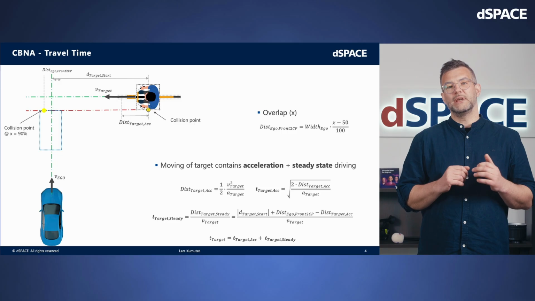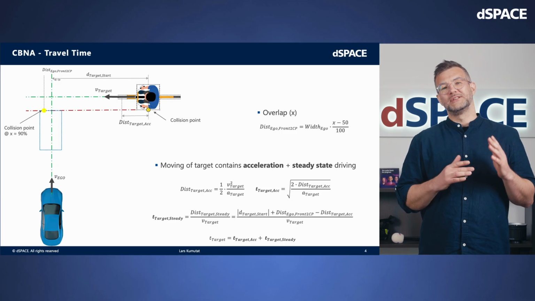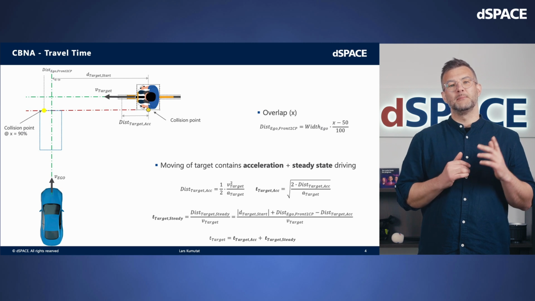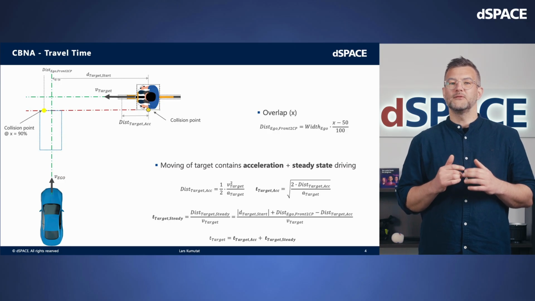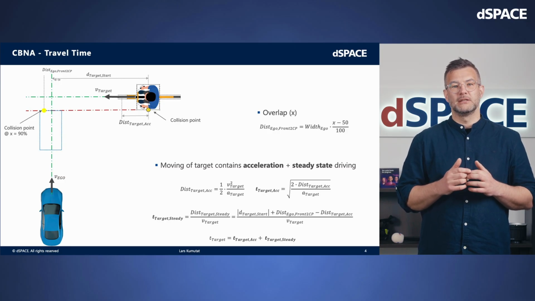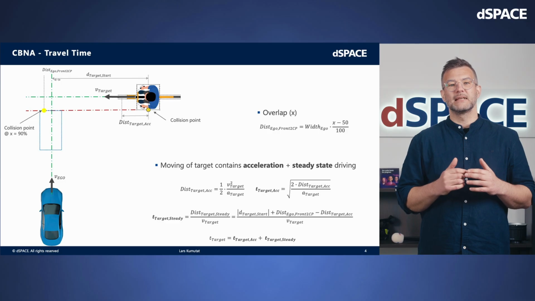Now, let's do a little math. Let's drive the ego vehicle at constant speed. To hit the target at a certain point, we need to determine where the bicycle starts moving. Here's the idea. The target follows a trajectory that includes an acceleration phase and a steady state phase. We calculate the target's travel time to the collision point.